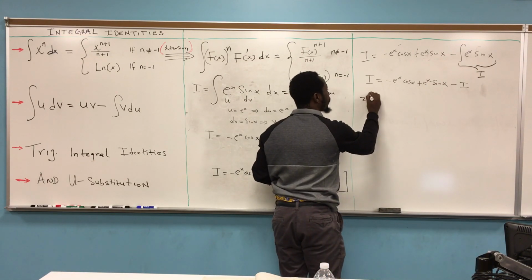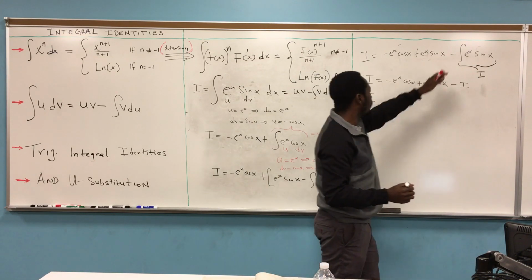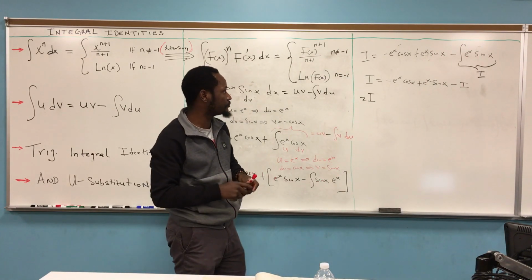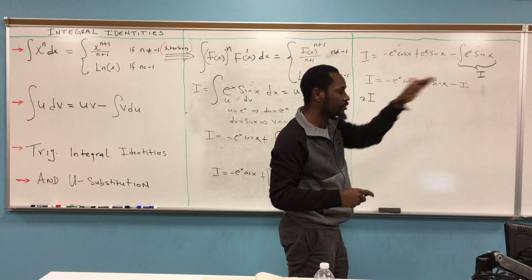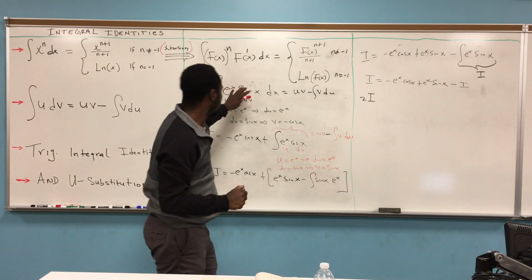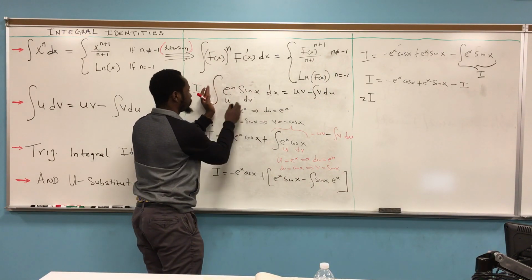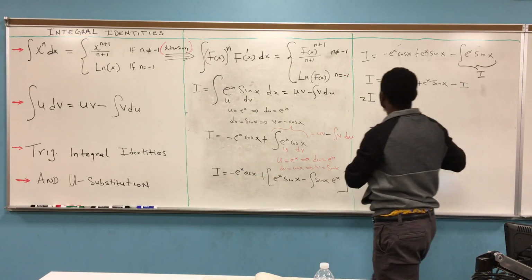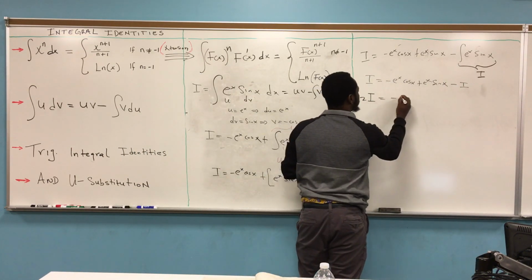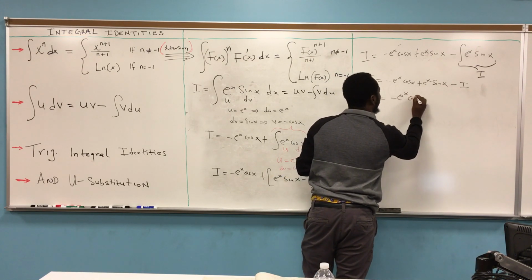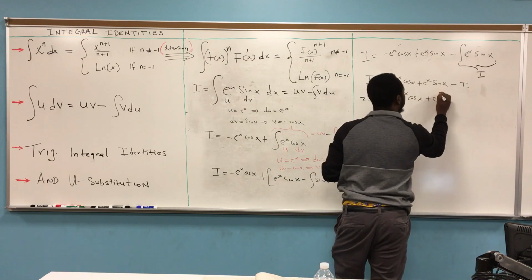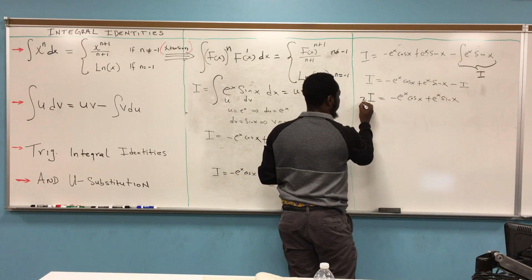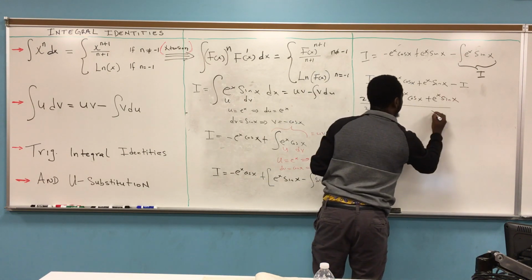So you have to know when to stop, when it shows up again in your integration on your right hand side. That's where you stop, when the original question integral shows up on your right hand side. You stop there. So this is negative e to the x cosine x plus e to the x sine x. So I can divide both sides by 2.